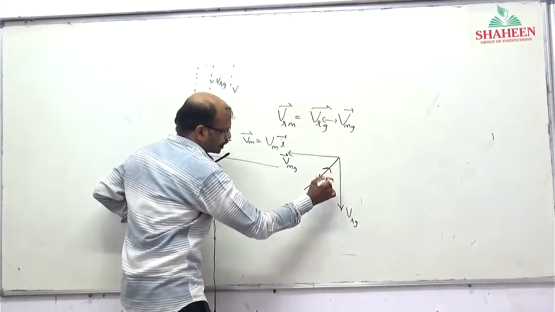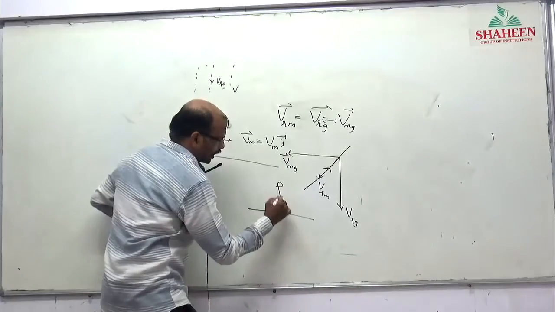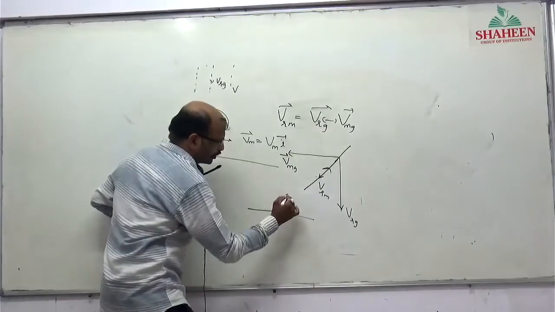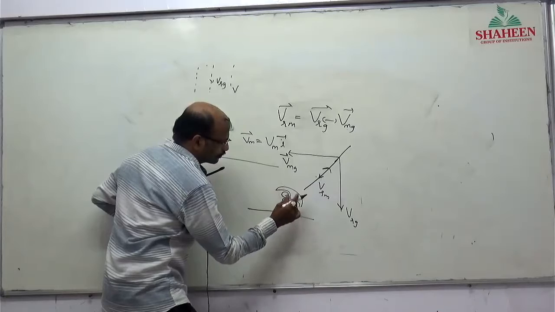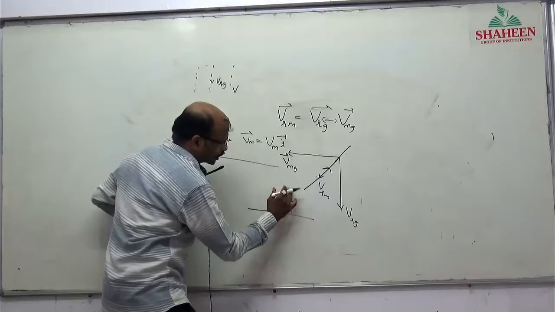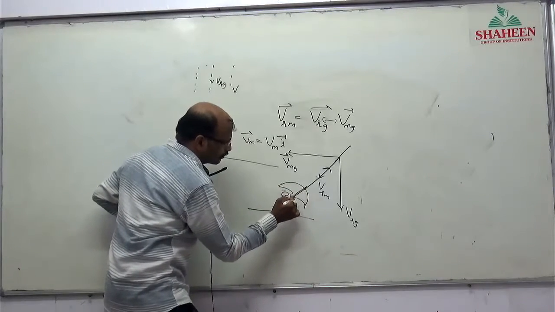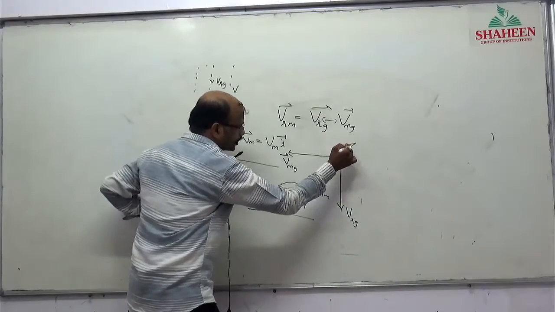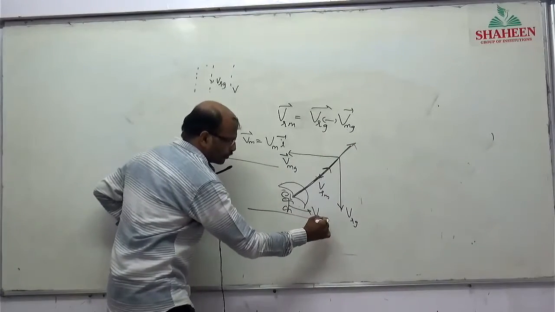In VRM direction, he should tilt his umbrella. He should run in this direction by tilting his umbrella such that there is no rain falling on him. He should tilt his umbrella in this way.